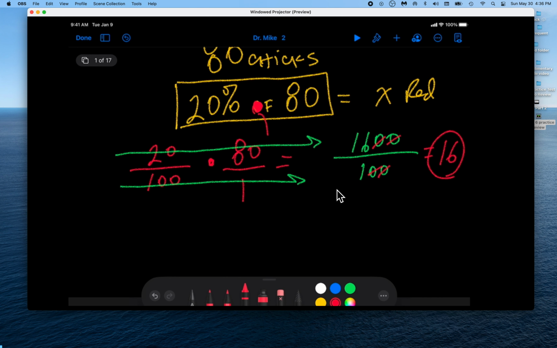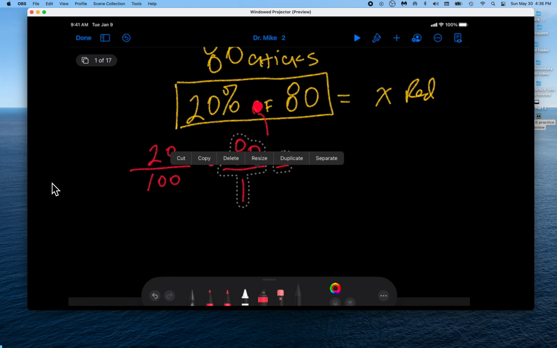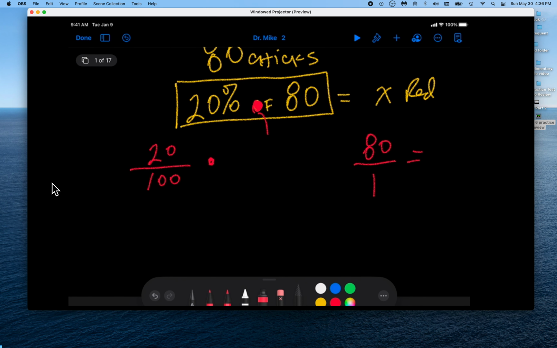Sometimes the numbers won't be this easy, and I'm a big fan of breaking down fractions. So let me show you how I would do this, how I recommend people do this. Okay. First of all, I'm going to move this 80 out of the way a little bit. And I'm going to rewrite this down here. I'm going to break down this fraction, 20 over 100. I always like to break down the smaller number first.